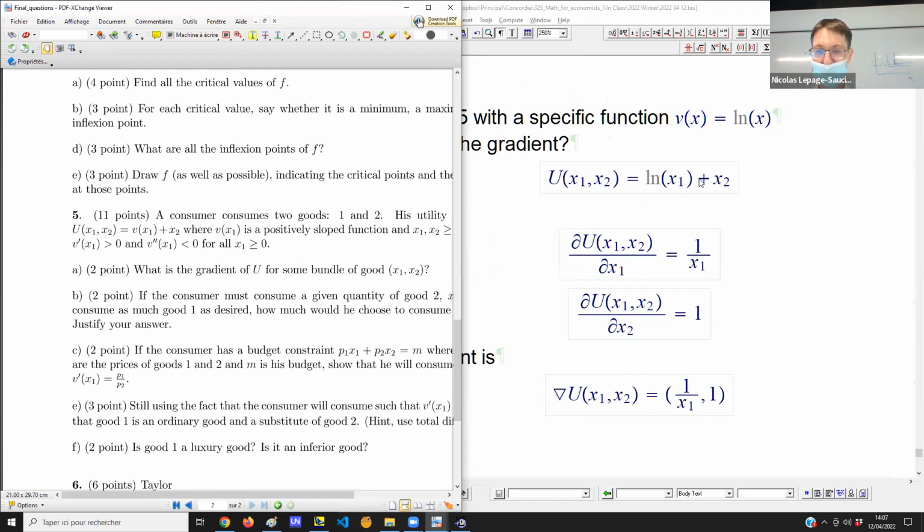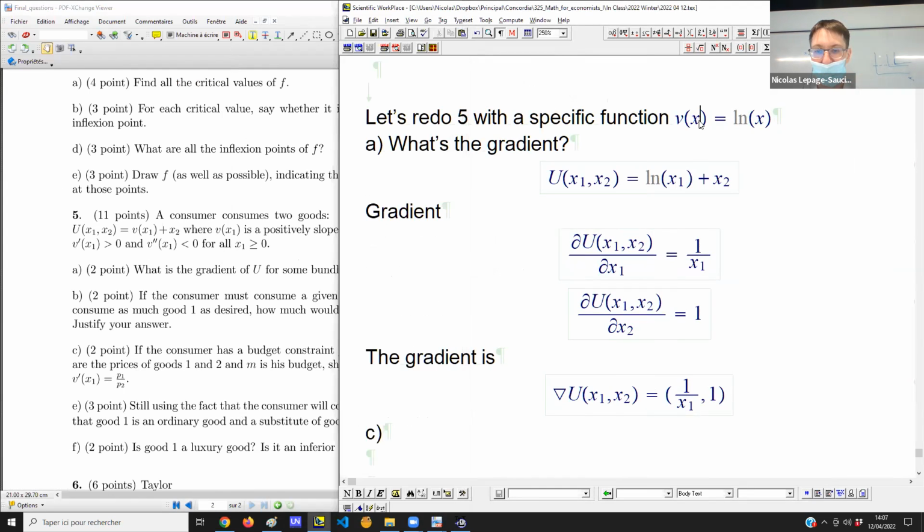Are you sure? No, I think this is going to be 1 over x1 equals p1 over p2. Yeah. Oh, x1 is going to be, yeah, okay, right.